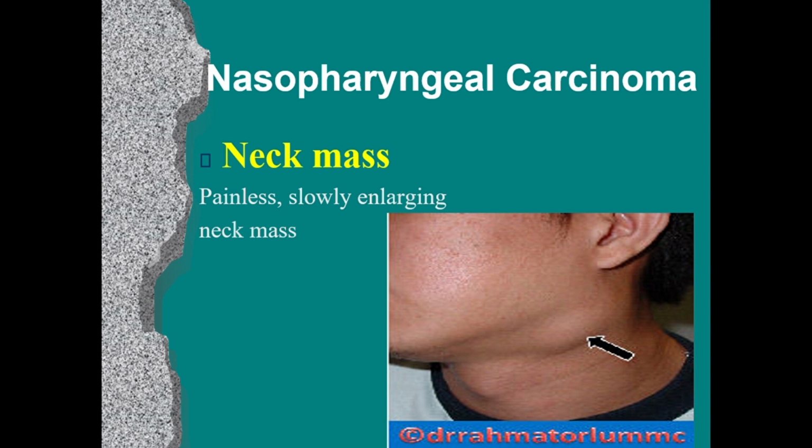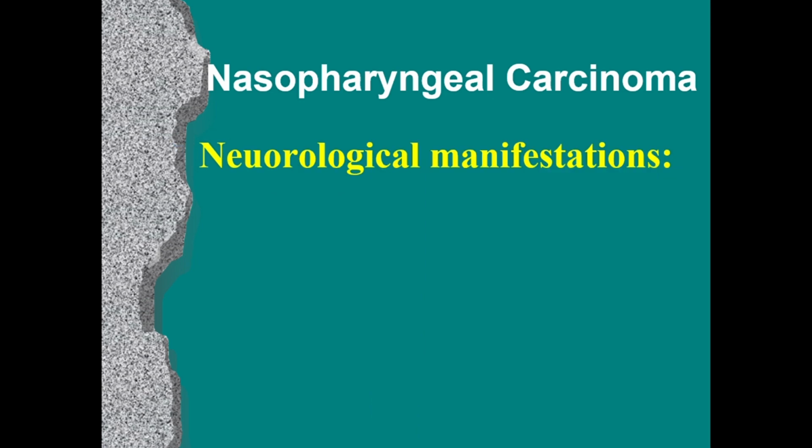Lymph node enlargement due to carcinoma or due to lymphoma will be painless. In comparison to inflammatory lymph nodes, as with tonsillitis, pharyngitis, and so on, they will be tender lymph nodes. So when I find a painless lymph node, I have to suspect malignancy. Okay, this is the neck mass.